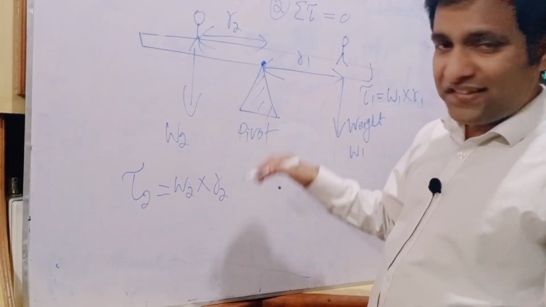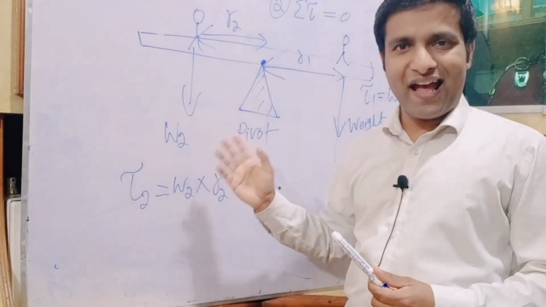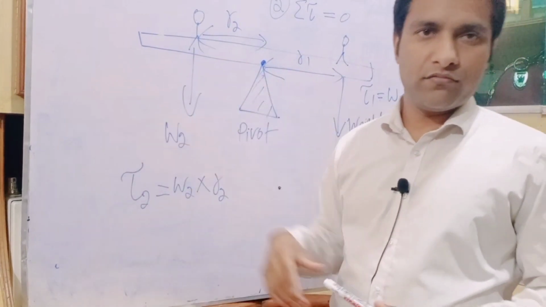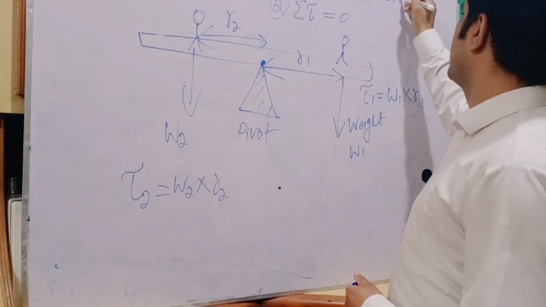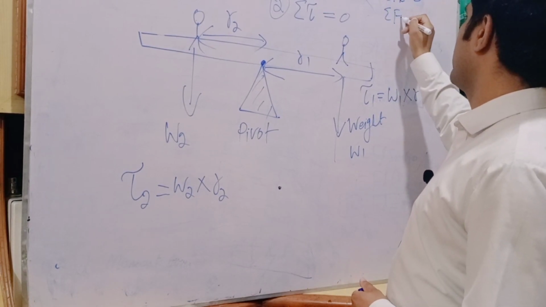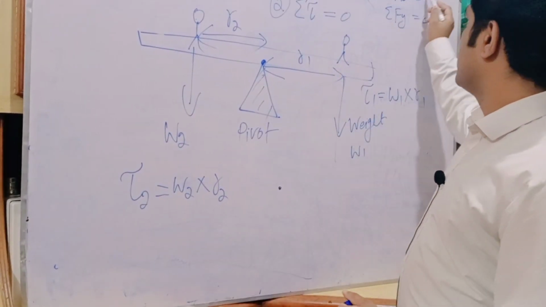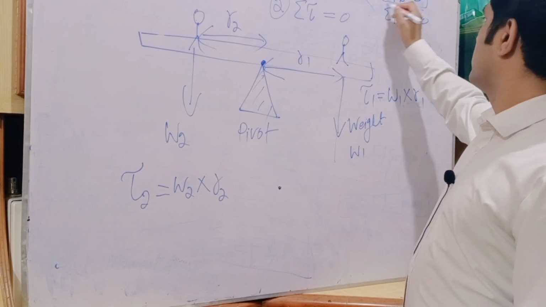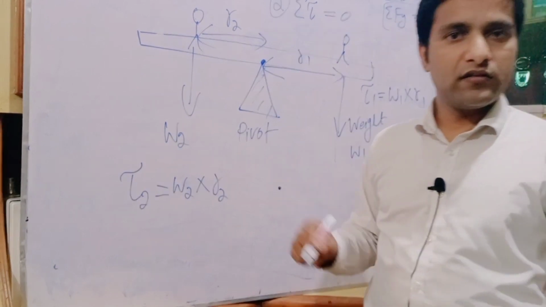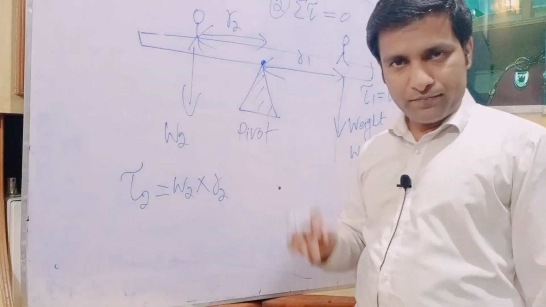In this case, there is no force acting right or left. The first condition has two parts: sum of Fx is equal to 0 and sum of Fy is equal to 0. The Fx part is not being used here because there is no force acting on the right or left.